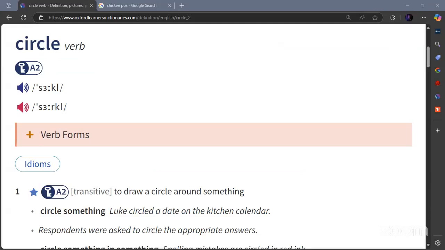No, I circle my birthday in the calendar. You circle your birthday in the calendar. I love that example. Nice. Very nice. I circle my birthday in the calendar. Good example.